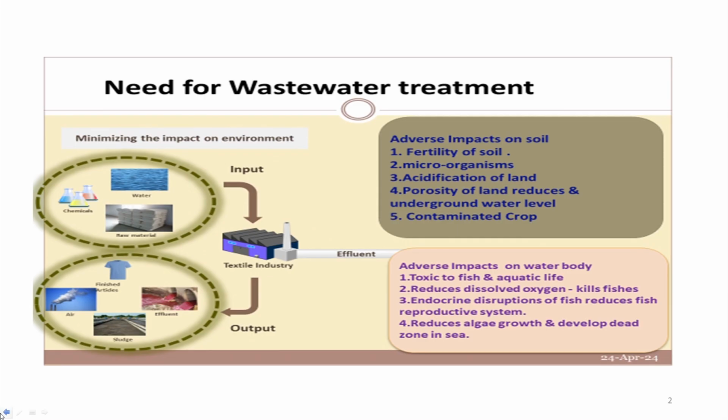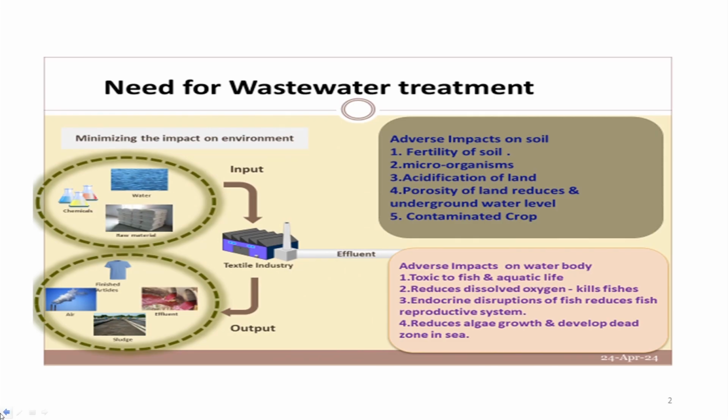all the chemicals, raw material, water, they all go into the textile industry as an input, and because of different types of processing that happen in the textile industry, a lot of effluent, sludge, air pollution and finished product is produced, and this effluent can then have an adverse effect on the soil.